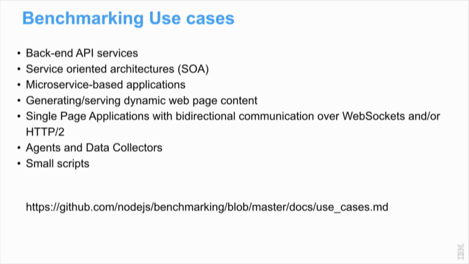The next one would be microservice-based applications, so nimble, low-resource, quick startup apps, and typically these sort of things may also use some different types of networking, so perhaps UDP, to try and get stuff to happen as quickly as possible. And we want to make sure that we can try and track these so that we don't go and regress them in Node.